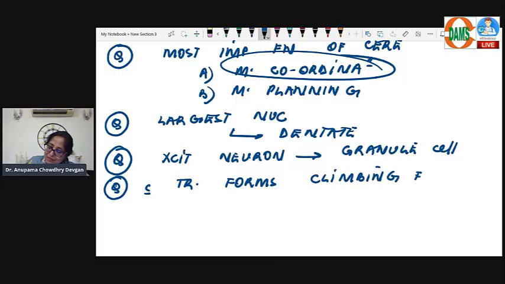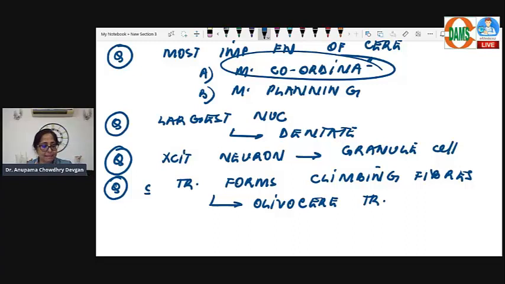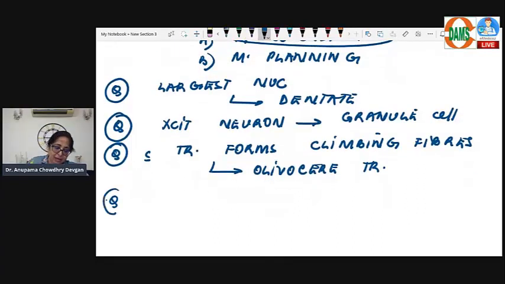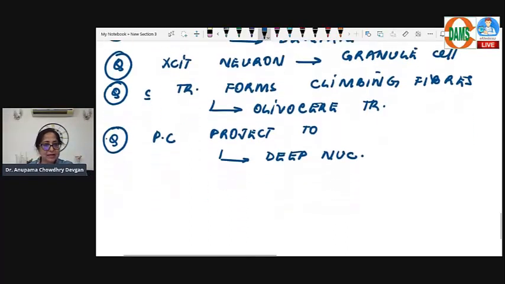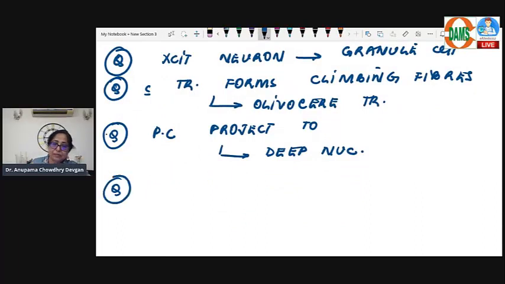Your answer is the olivocerebellar tract. Yes, olivocerebellar tract. Okay. Next question. Purkinje cells project to: the answer was deep nuclei. Yes, Purkinje cells project to the deep nuclei. Okay. Another question.